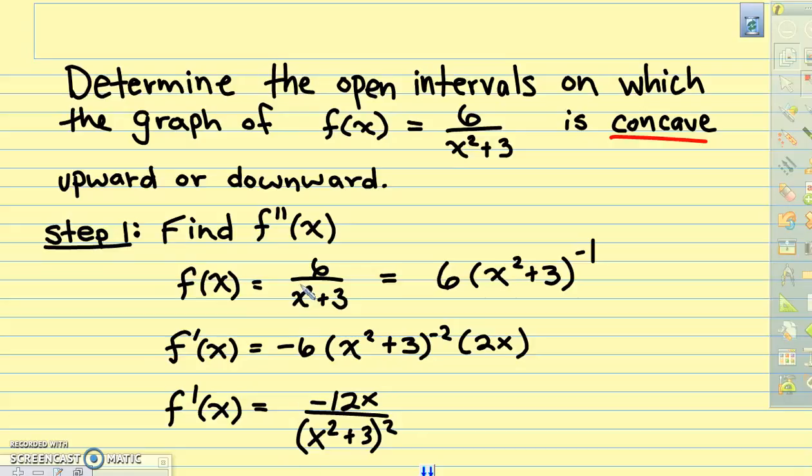Notice that I did a little trick that I've been forgetting to bring up, but I have noticed that some of you guys have caught on to it. 6 over x squared plus 3 can be written as 6 over x squared plus 3 to the 1, and if I bring this up to the top, it becomes a negative 1. I can avoid using the quotient rule here and instead use the chain rule.